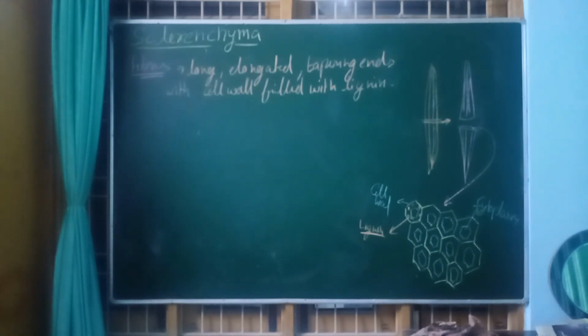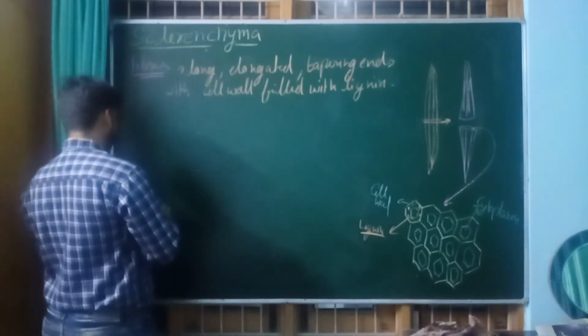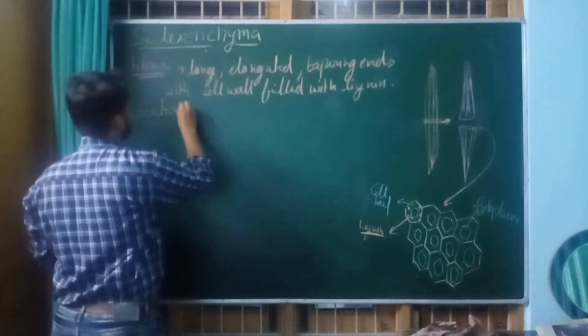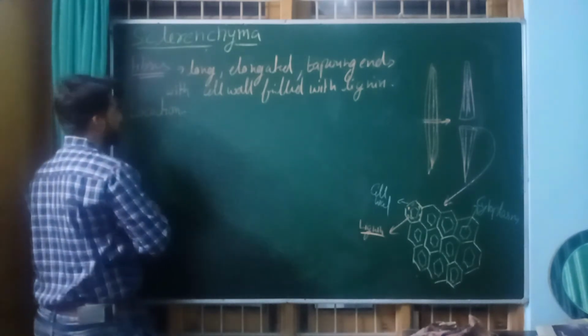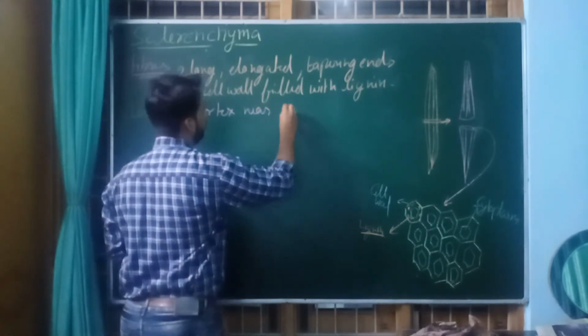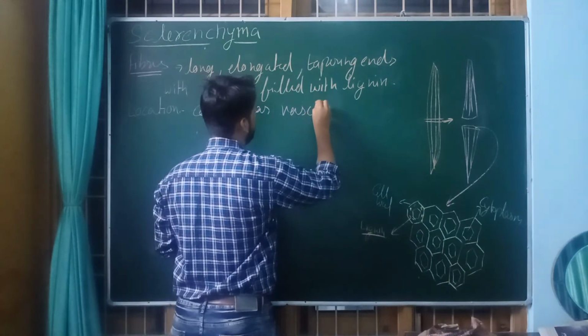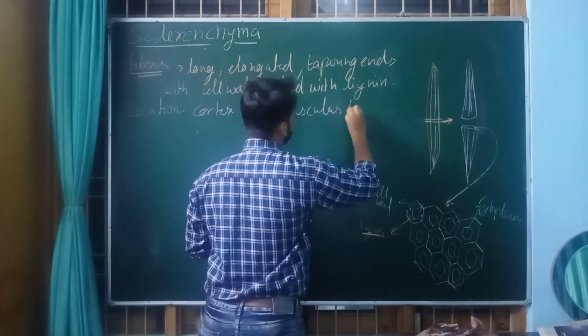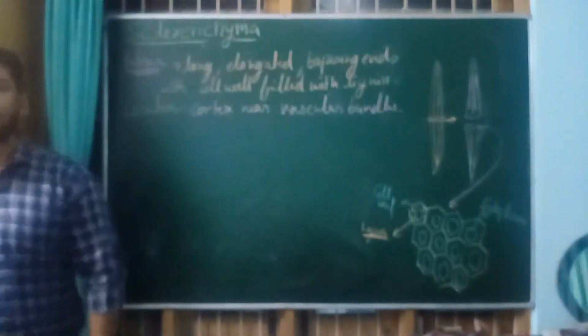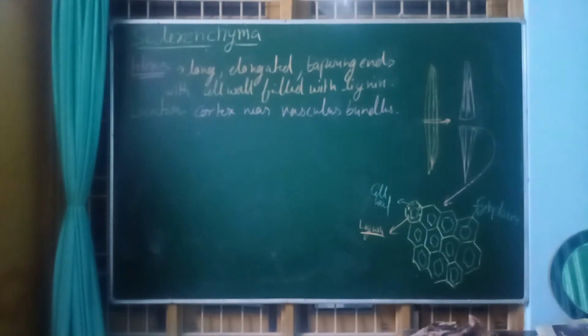Now the location. If we are talking about the location, these are present in the cortex, near the vascular bundle. Got it? If these are present in the secondary xylem, they help in conduction also.